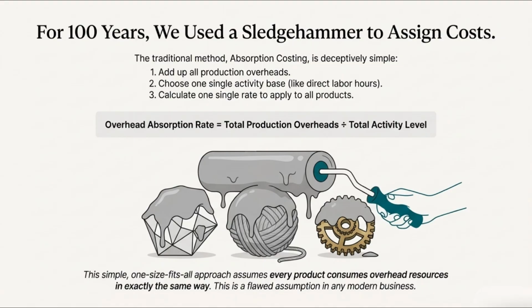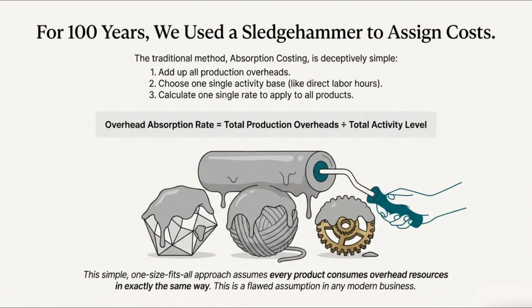It's a one-size-fits-all method that assumes every product consumes overhead resources in exactly the same way, in proportion to whatever single measure you've chosen. In any modern business with diverse products and complex operations, this assumption is fundamentally flawed, and flawed assumptions lead to flawed costs, which lead to flawed decisions.